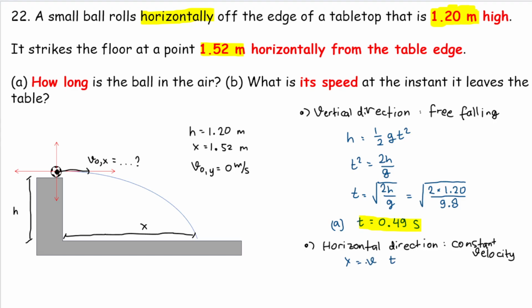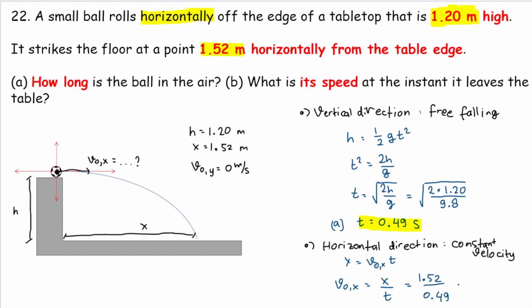But this is the initial horizontal velocity, so I'll have V0,x. And we are looking for V0,x, so V0,x will be our x divided by t. We know our x here, we are given 1.52, and our t here is 0.49.